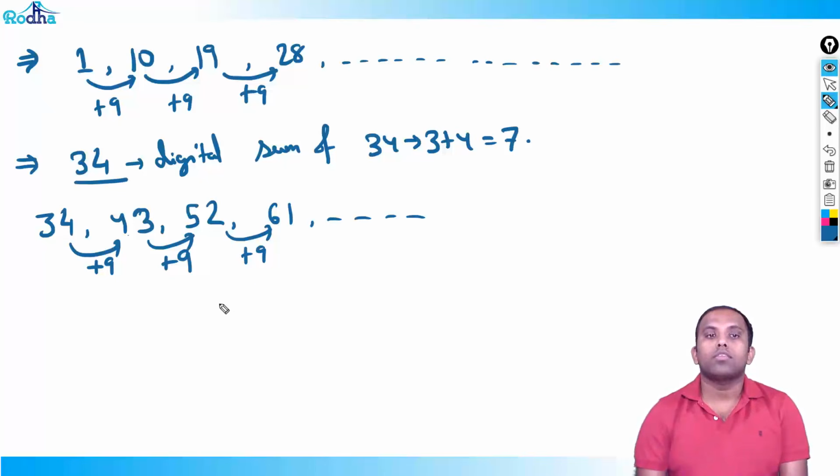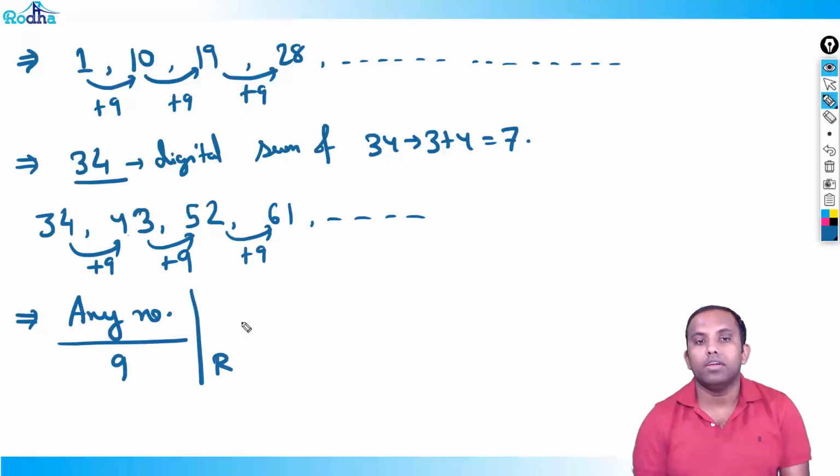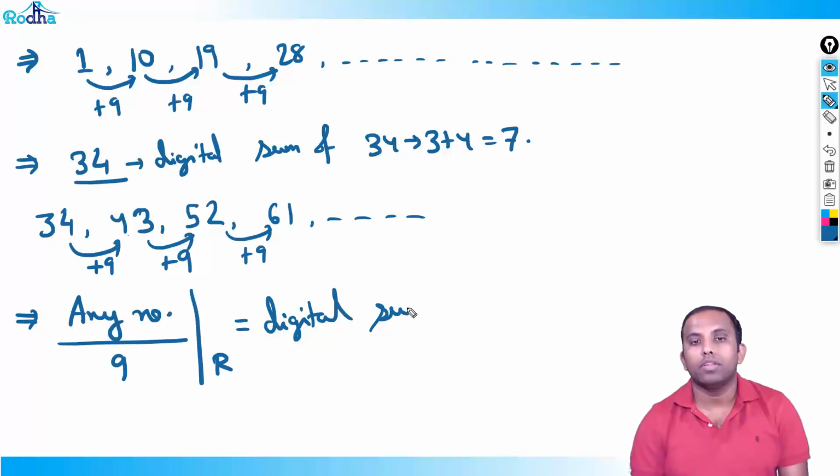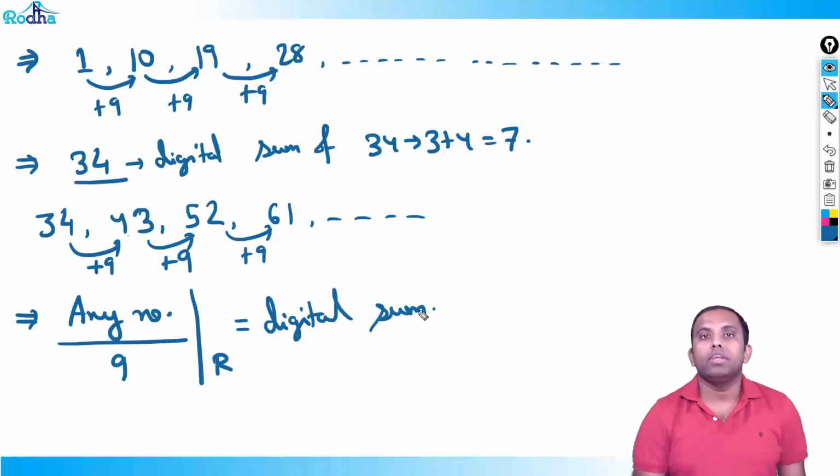Since any two consecutive numbers with common difference of 9 have the same digital sum, therefore any number divided by 9 and taking the remainder will give me the digital sum of that number, because all the numbers have a difference of 9.